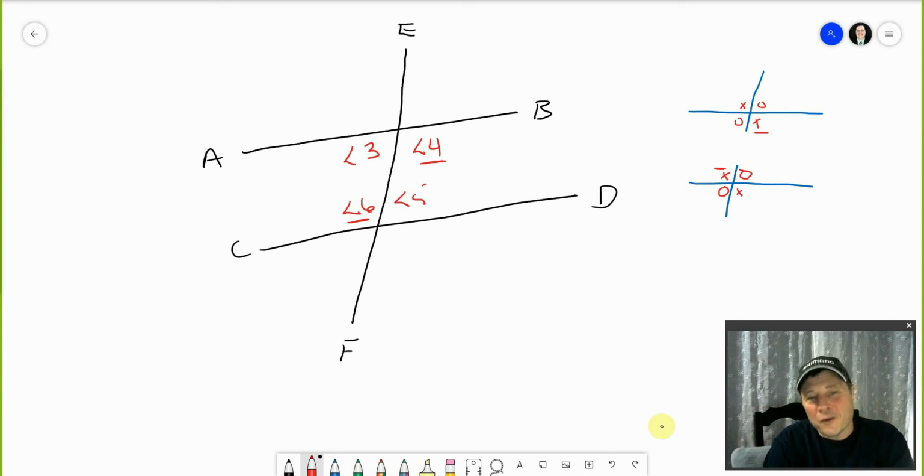In other words, it's just saying it backwards, right? If you want to know if these two lines are parallel, then you would have to be told the value of the alternate interior angles. And if the alternate interior angles are the same, and there is a transversal that goes through two lines, then now you know those two lines are parallel. Okay, so it's just doing it backwards.